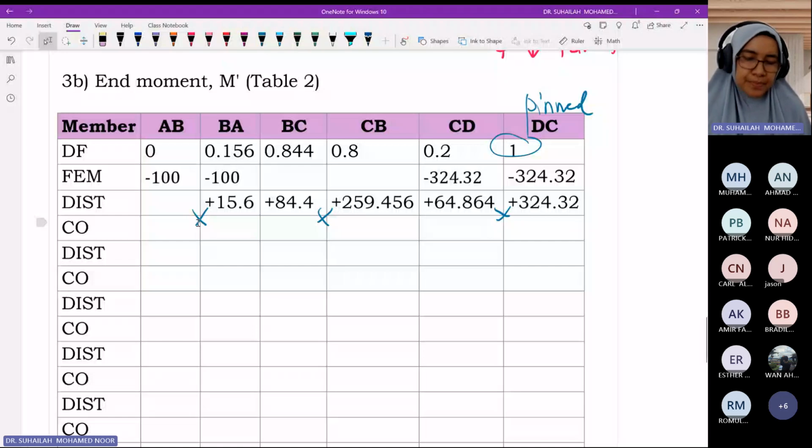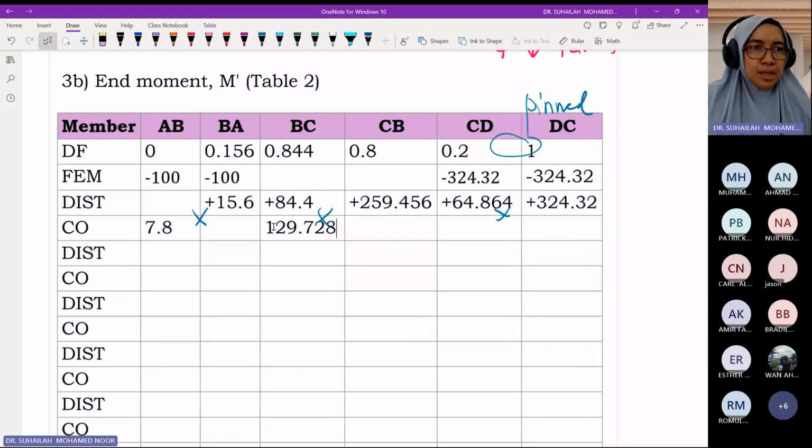Okay, 15.6. Then this one, 259.456 divided by 2, so this one is 129.728.